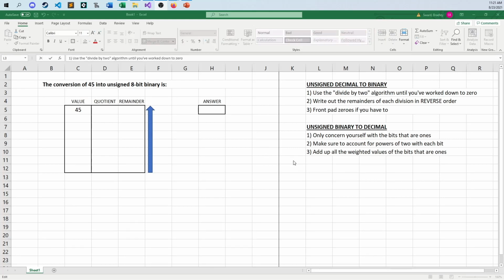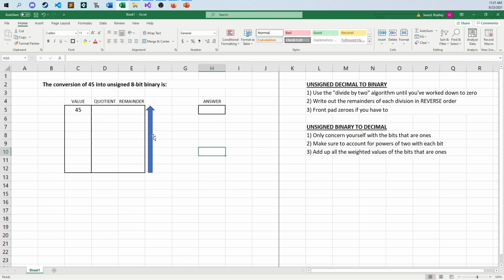So the algorithm that we use to solve this is as such. I'm going to take the value 45, and I'm going to start from there and use the divide by 2 algorithm until I've worked this 45 down until it's a 0. And then I'm going to take the remainders of the divisions, because everything here is going to be divide by 2, divide by 2, divide by 2.